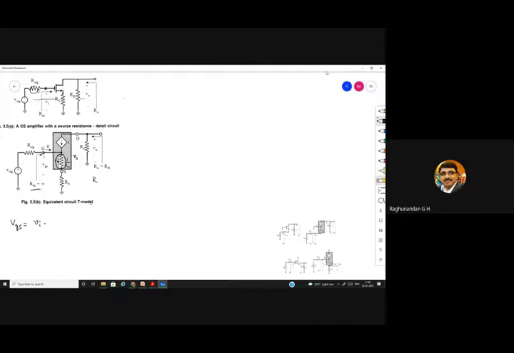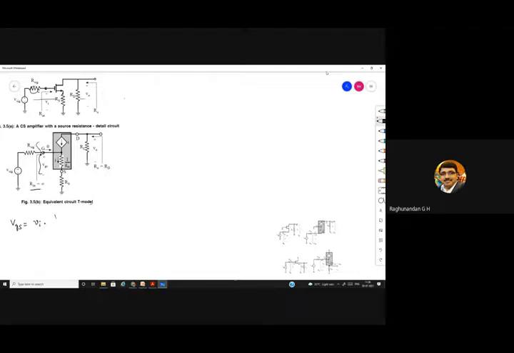Now, if you want to find out the gate to source voltage, we need to find out the drop across this resistance. That will give you the gate to source voltage. The main voltage, whatever we are getting across this, is our main voltage Vi, into the drop across this.